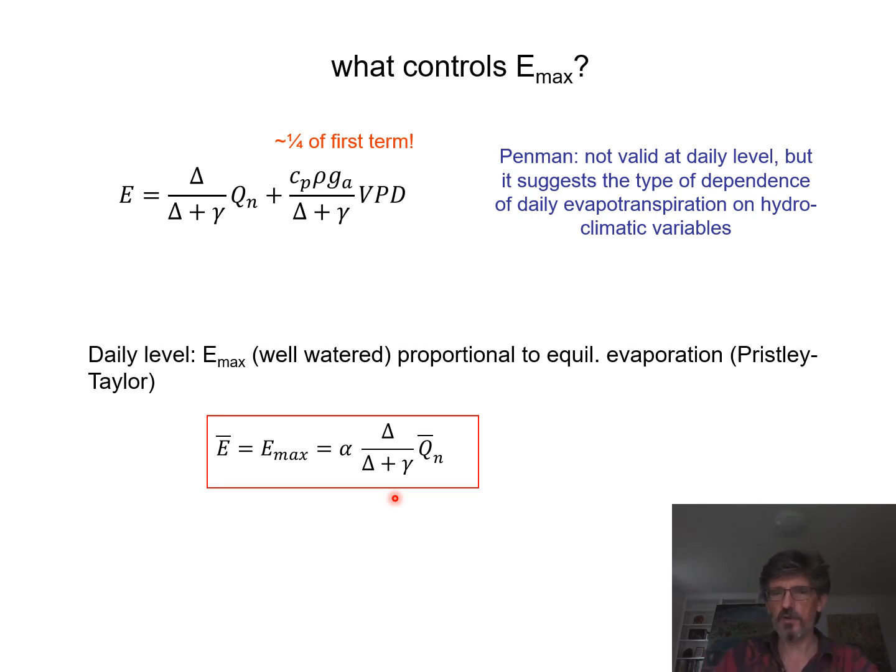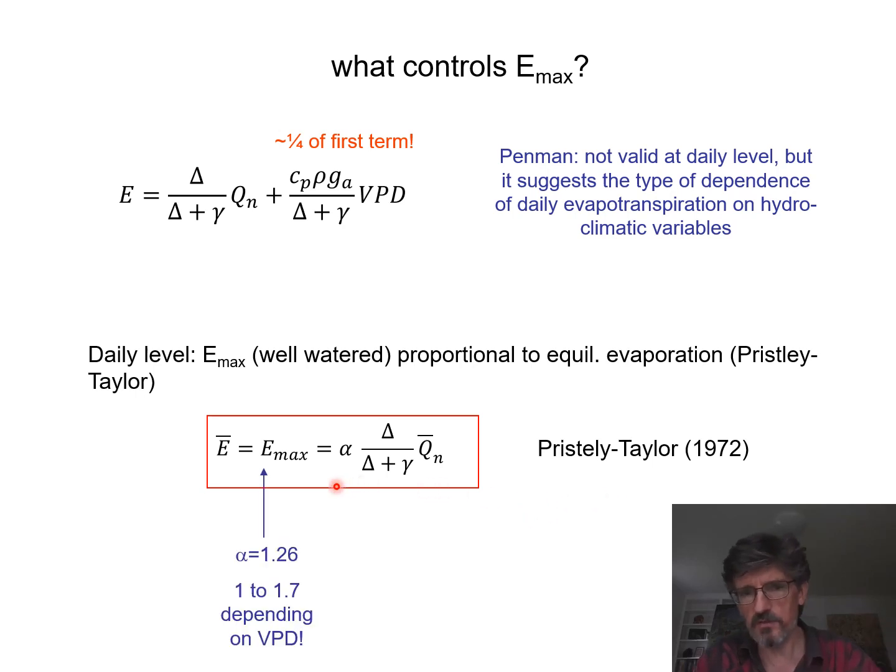So the nice formula here is the Priestley-Taylor equation, with alpha 1.25, 1.26 the traditional value, but in reality not a constant, something that depends on the VPD. Drier air will evaporate more, and so we will go to even 1.7, while wetter conditions will evaporate less.